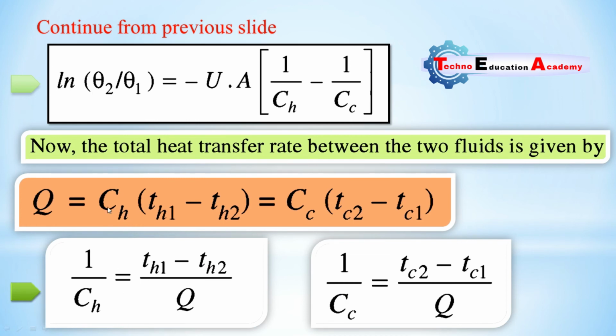So 1 upon Ch equal to, this term is in the denominator, right now it is in the numerator, whenever it is multiplied, cross multiplication, so 1 upon Ch equal to Th1 minus Th2 divided by Q. Same for the cold fluid, so 1 upon Cc equal to Tc2 minus Tc1 divided by Q.